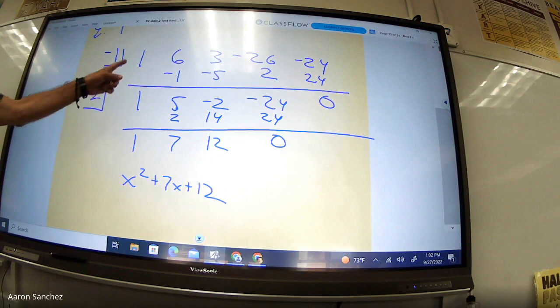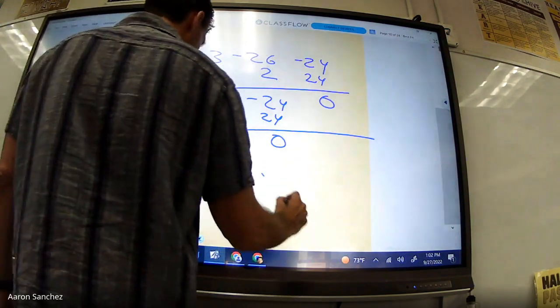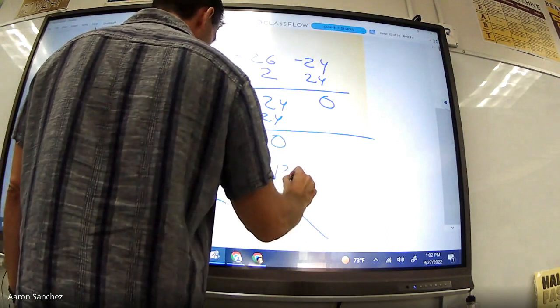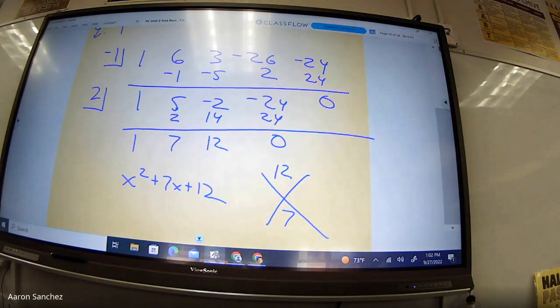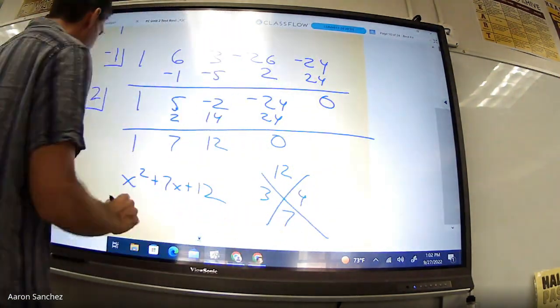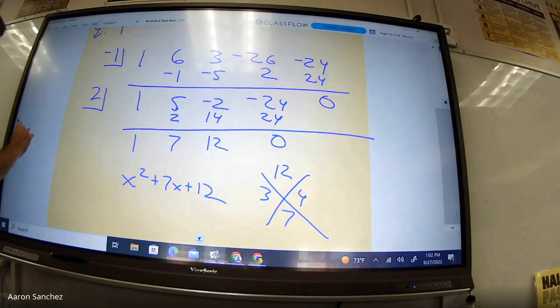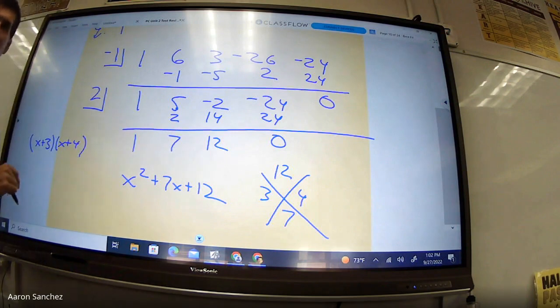I got x fourth, x cubed, x squared, and then I got 12. Here's where people are going to get confused. What times what equals 12 and adds to 7? 3 and 4, 4 and 3 is what I heard. That means x plus 3 times x plus 4. This tells you what goes in the parentheses, right?